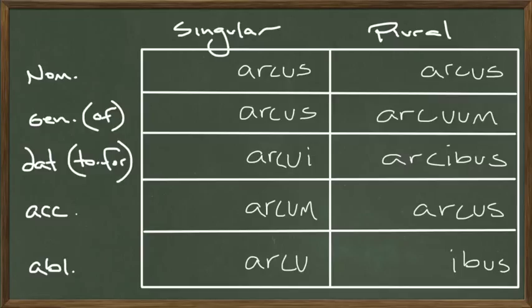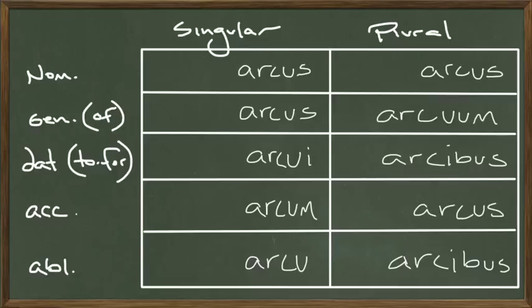Habeo arcus, you could say. Last one, ablative, arcibus, so sagittae in arcibus sunt, if you use classical pronunciation, which I don't prefer at all. I much more prefer what's called Italian pronunciation, ecclesiastical pronunciation, or church pronunciation.